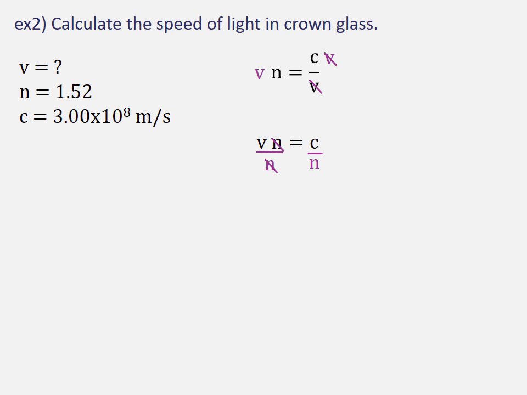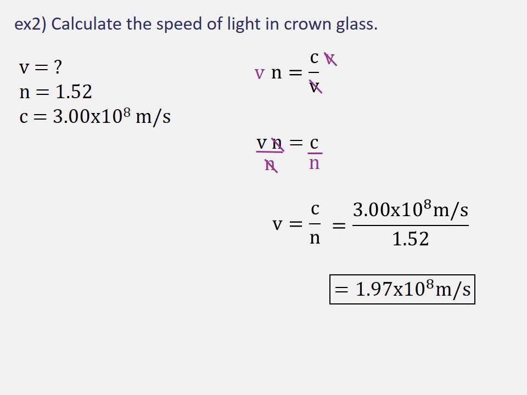So V is equal to C divided by N. Now that I have V isolated, I can sub in my values. Then I will punch it into my calculator. And I find that the speed of light in crown glass is 1.97 times 10 to the 8 meters per second.